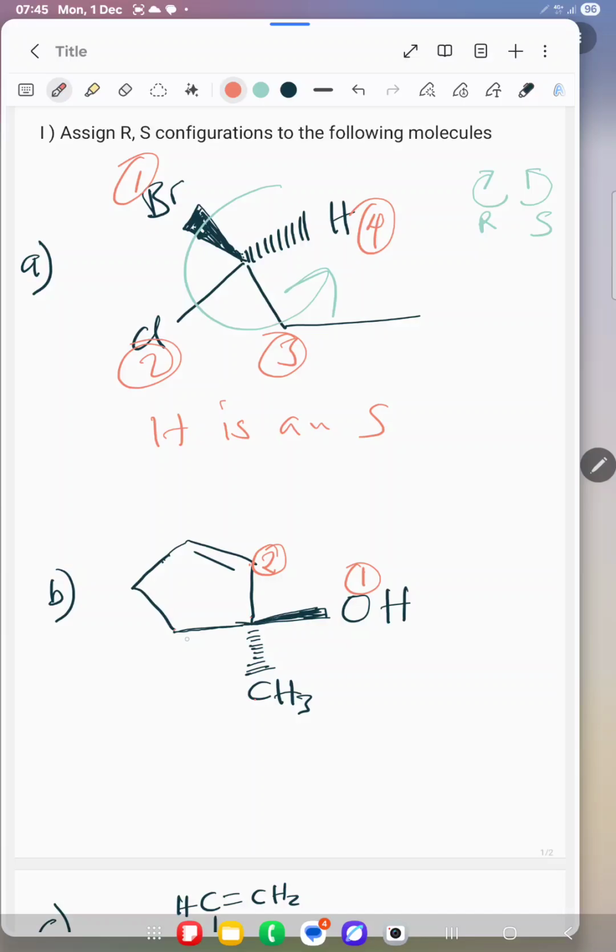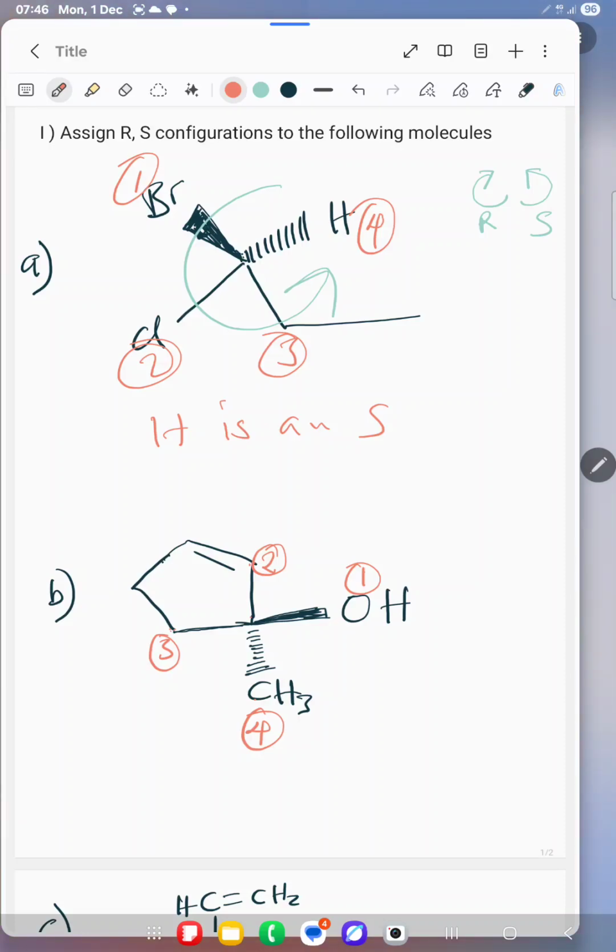Then there is this carbon and this carbon, which one is going to be number 3? This carbon is going to be number 3 because it is attached to this other longer group which follows there. But this one is only attached to 3 hydrogens, so this is going to be our final carbon. We call it the lowest group in that case.